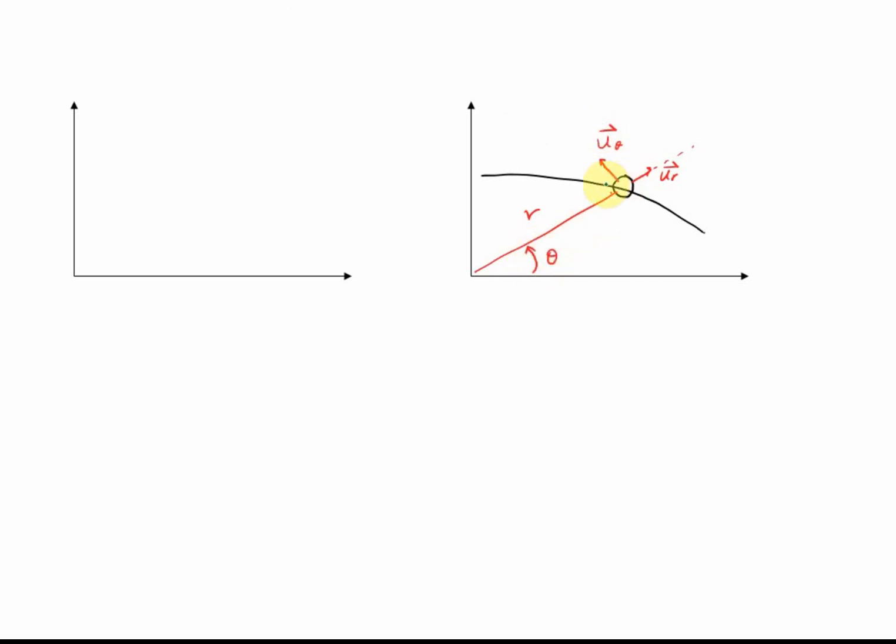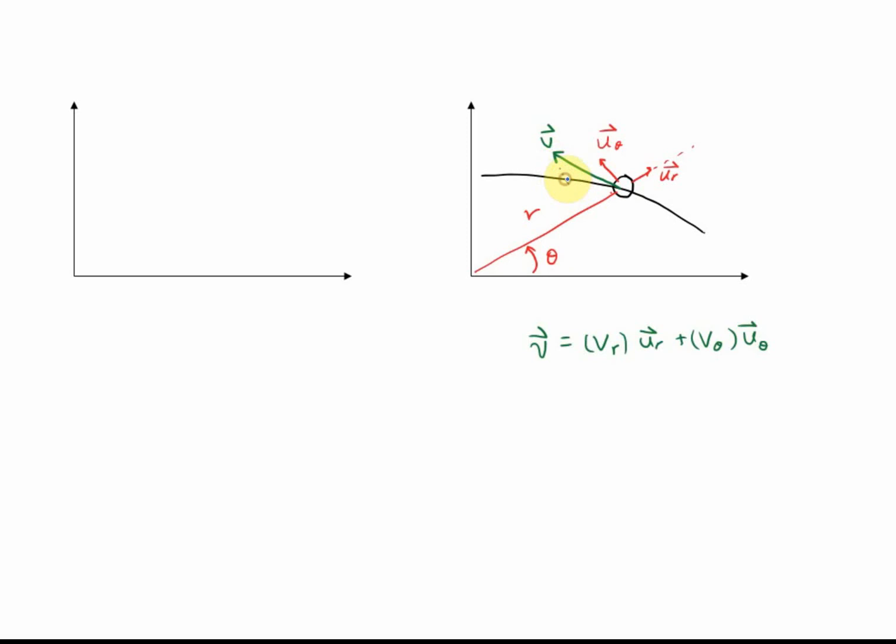Then you know that the velocity of the object is always tangent to the path, so the actual physical velocity is like that. As long as you describe the motion using the polar coordinate system, your velocity has a radial component along the u r vector and a transverse component along the u theta vector, which means you have to break down your vector v along the radial direction and transverse direction.